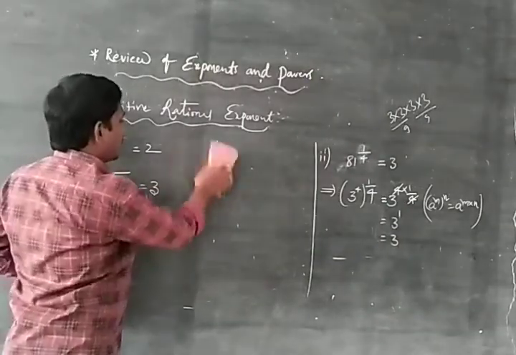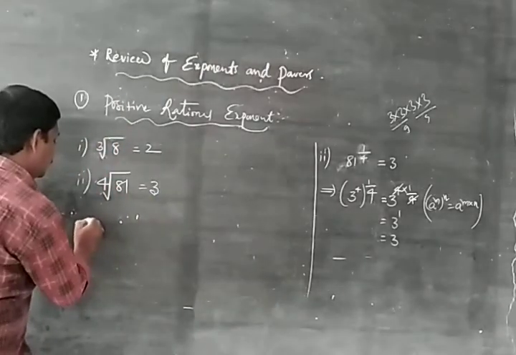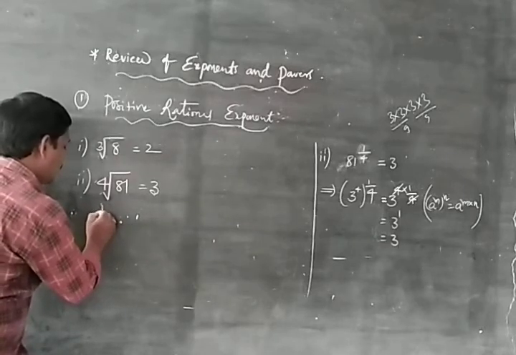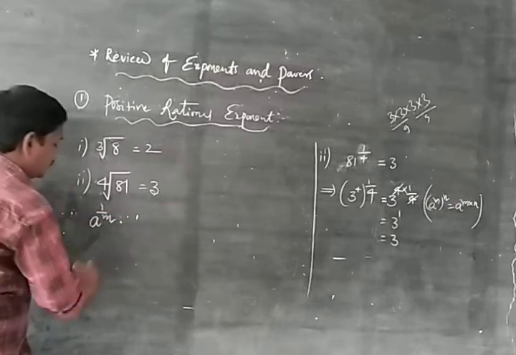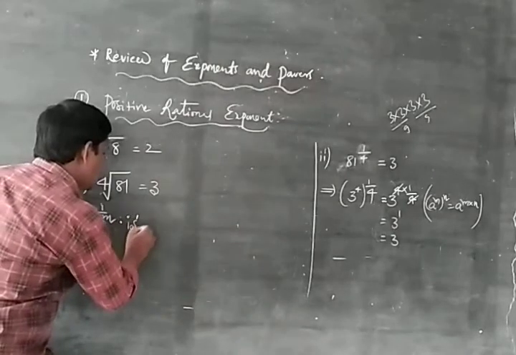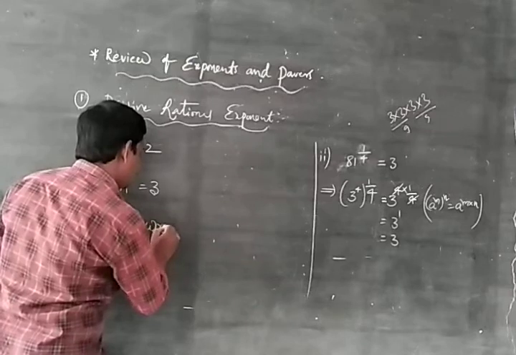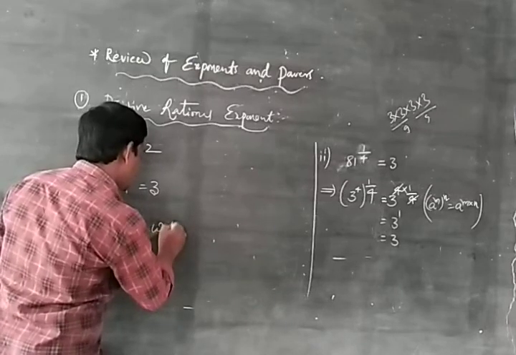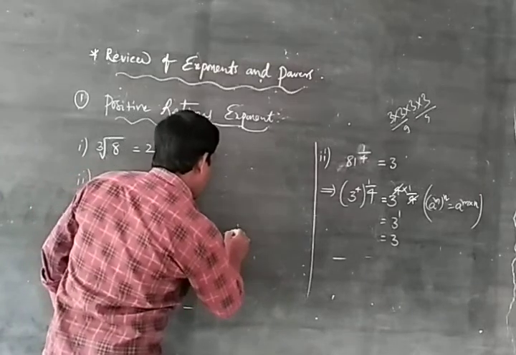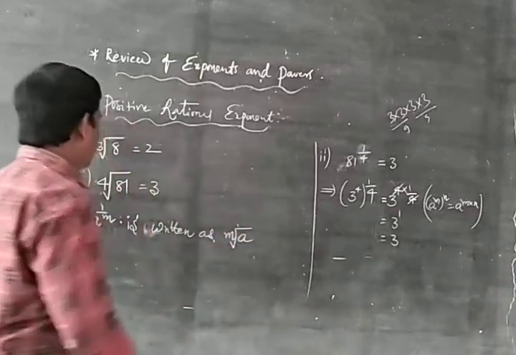So we can write that a power 1 by m is written as the mth root of a.